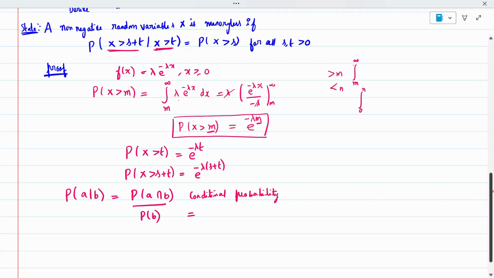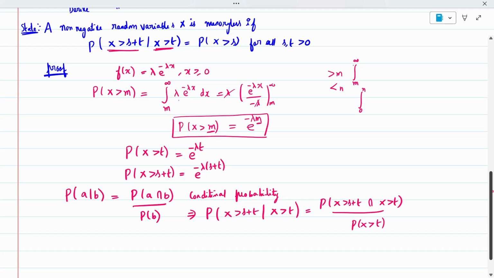So when I write it according to our question, probability of x greater than s plus t given x greater than t is nothing but probability of x greater than s plus t intersection x greater than t, divided by probability of x greater than t.